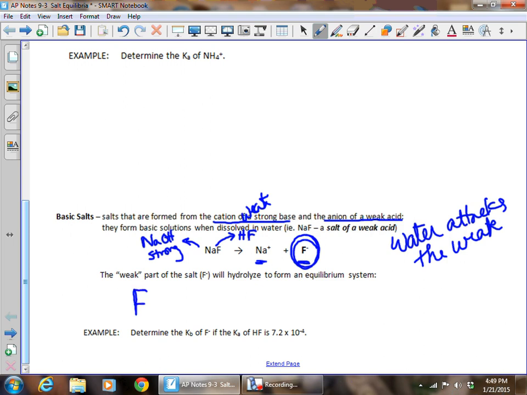Well, we've got that F minus that comes down here and reacts with the water, sets up an equilibrium. The only thing that can happen here is for that F minus to grab hold of a hydrogen from water. So we get HF forming, but look what's left behind. We leave behind that OH minus. And that OH minus is what makes this a slightly basic solution, a basic salt.